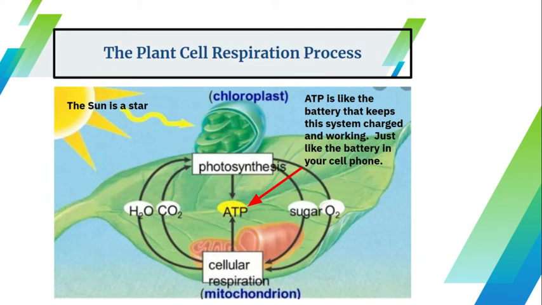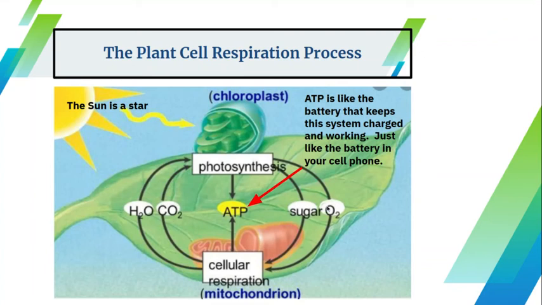Well, here's the cellular respiration process. Again, you need energy from the sun, chloroplast, which contains the chlorophyll. And through that process, photosynthesis occurs and it creates sugar, which is the food, and gives off oxygen, which is what you see here.